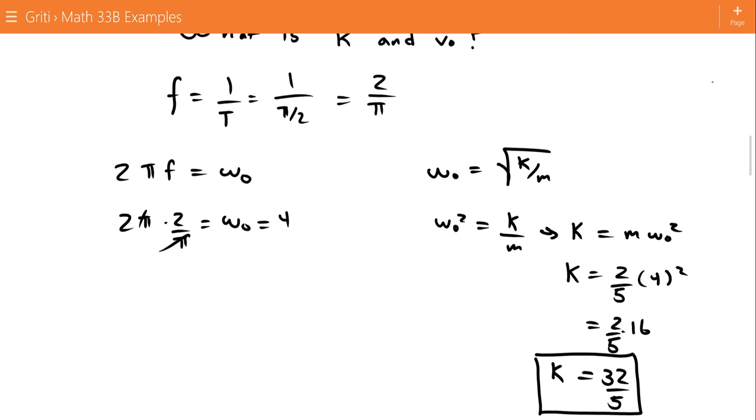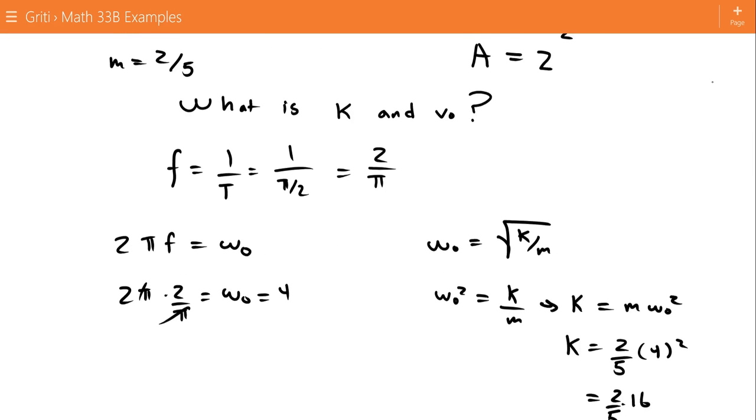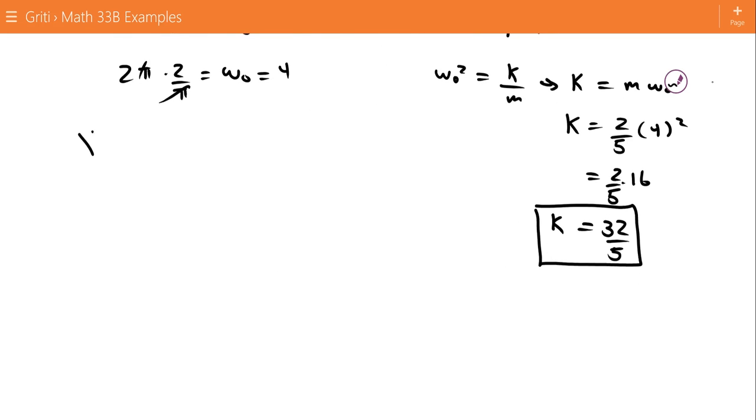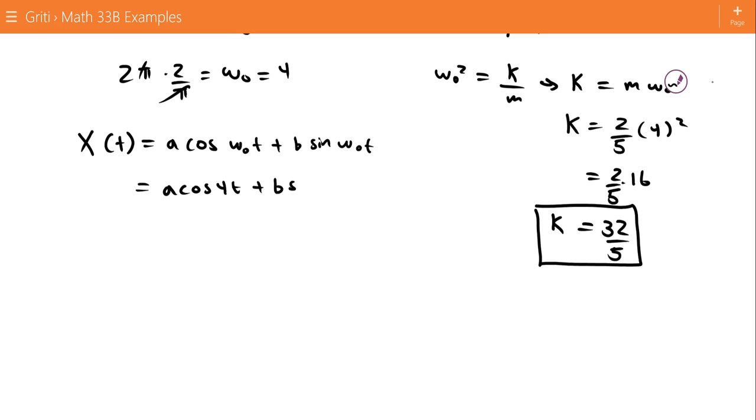And now we've got to find our initial velocity. We can do that by writing down the form of the solution. For simple harmonic motion, that is going to be x of t equals a cosine omega naught t plus b sine omega naught t. We know omega naught is 4, so this is a cosine 4t plus b sine 4t.